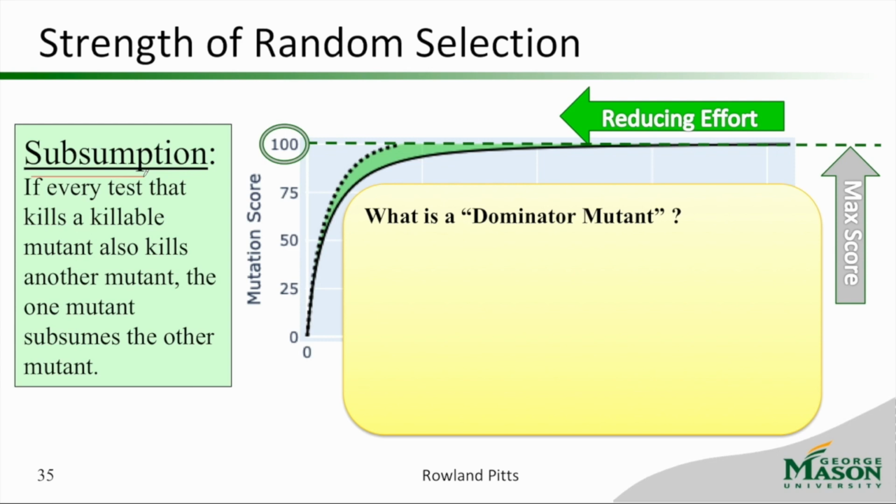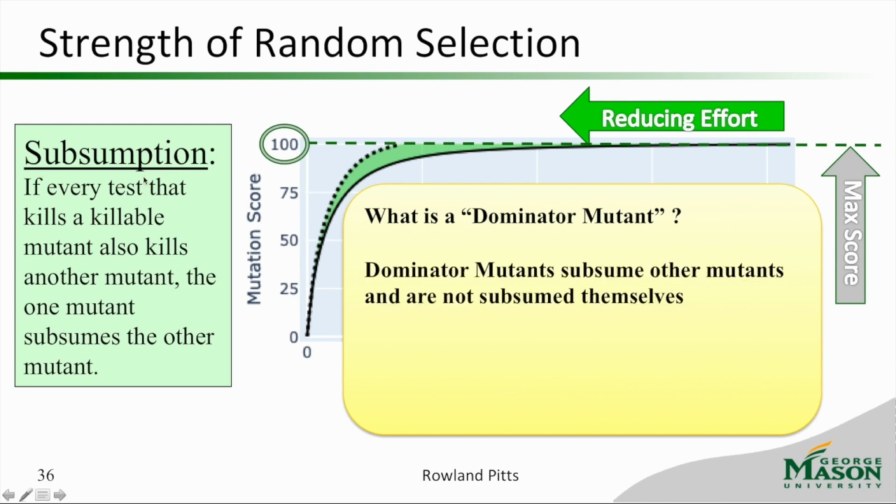The takeaway is that it's sufficient to target the subsuming mutant, because if we kill it, we know we kill the other. We can graph this as a hierarchy, and the mutants at the top of the hierarchy are called dominators because they subsume, but they are not subsumed themselves, except by other dominators.